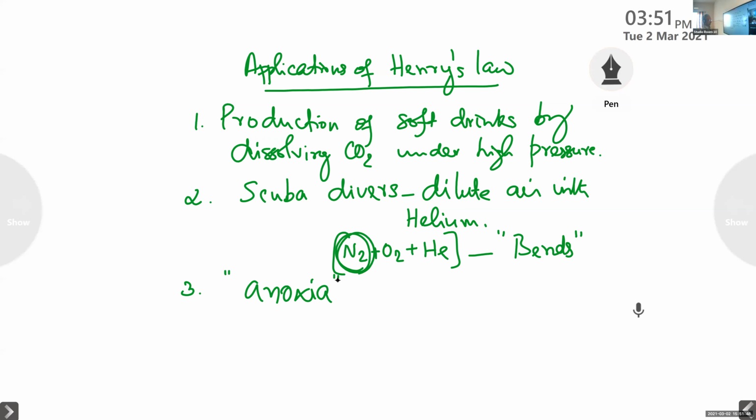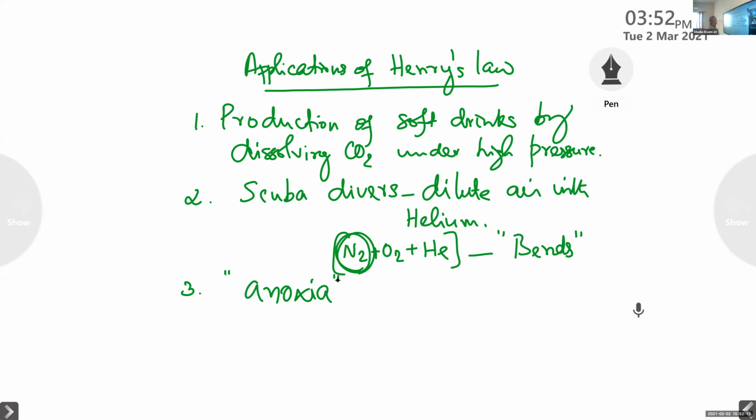So, the people who are living at high altitudes, mountain ranges, will be absorbing air containing less amount of oxygen. So what happens? They will not get sufficient oxygen for the biochemical changes.